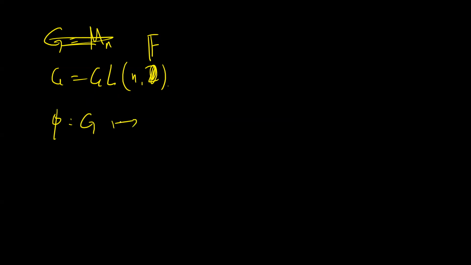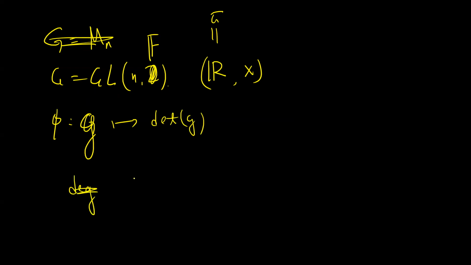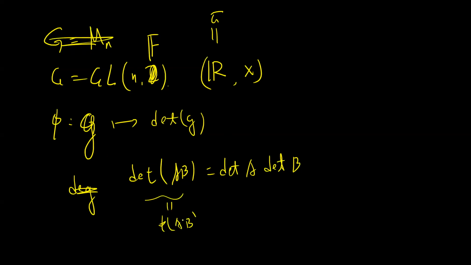So G bar should be the non-zero real numbers under multiplication, and you map each element G to the determinant of G. It is easy to show that the determinant of AB is the same as determinant A times determinant B. So this is phi of AB. You can map any matrix to its determinant, and it's exactly a homomorphism.